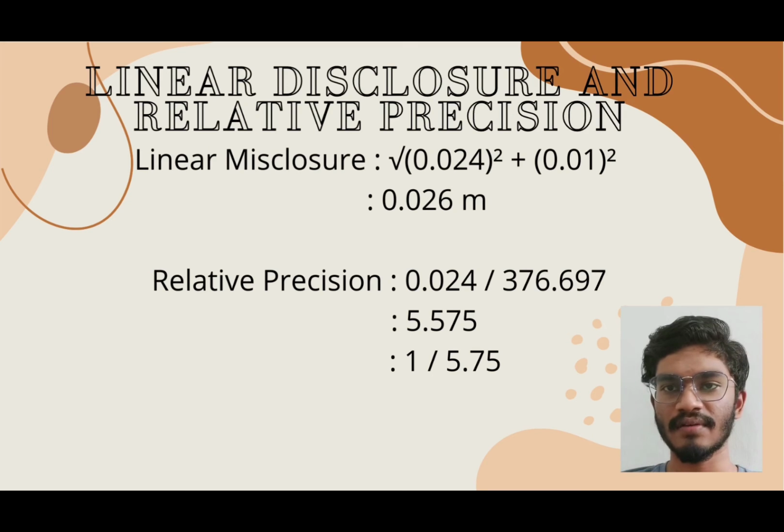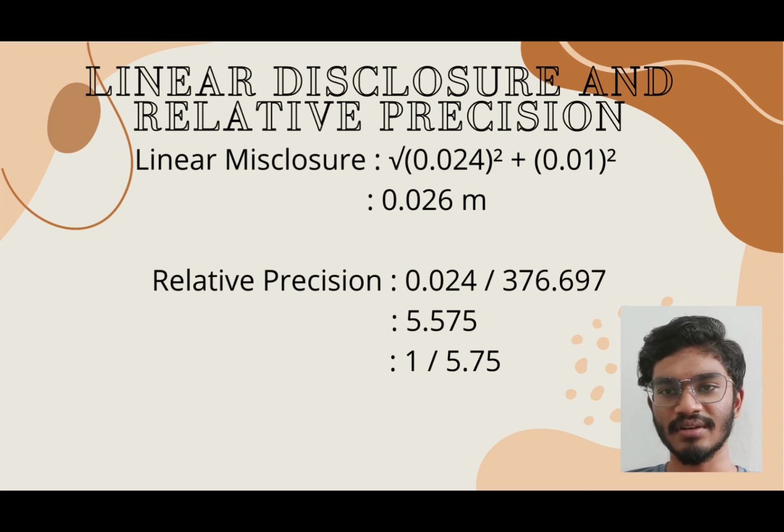This is where we're going to use the values of 0.024 and 0.01, for linear closure and relative precision. For linear closure, what we need to do is square 0.024 plus 0.01 squared, and you square root that, and I got the answer which is 0.026.